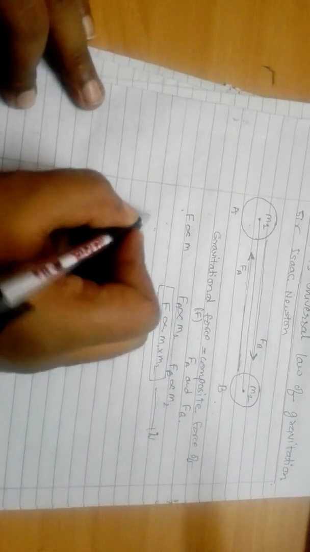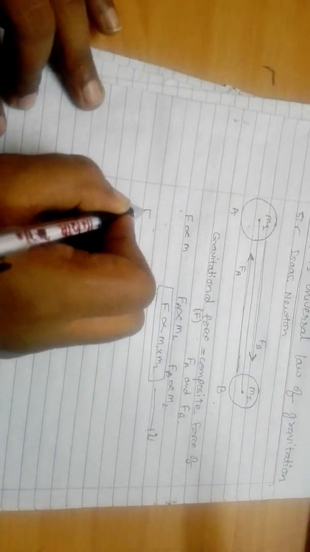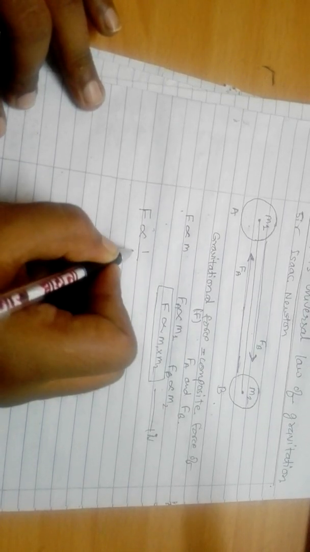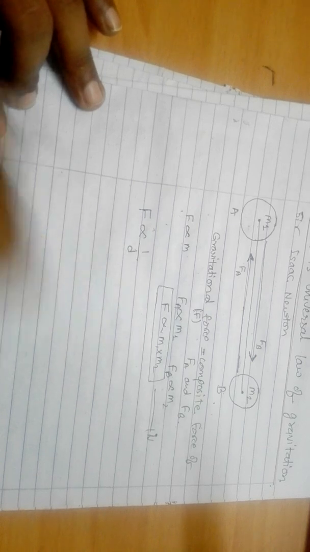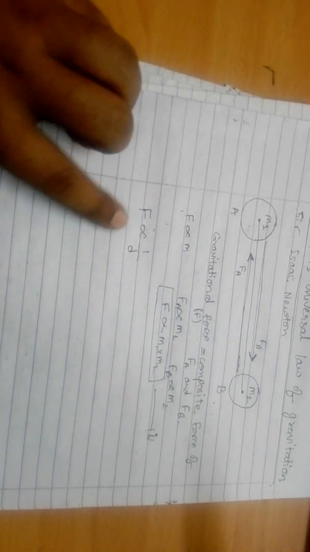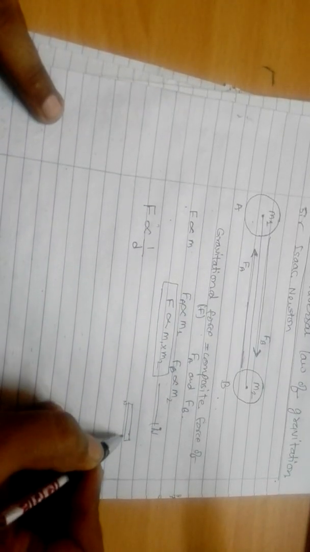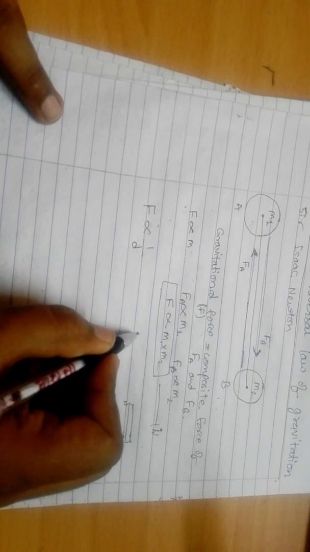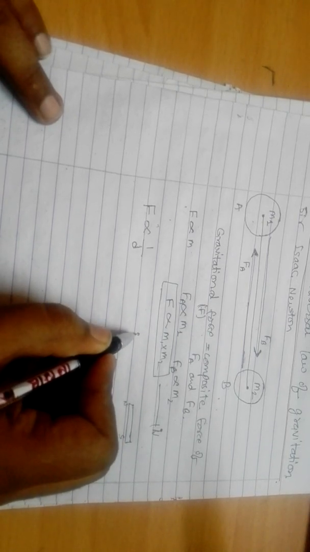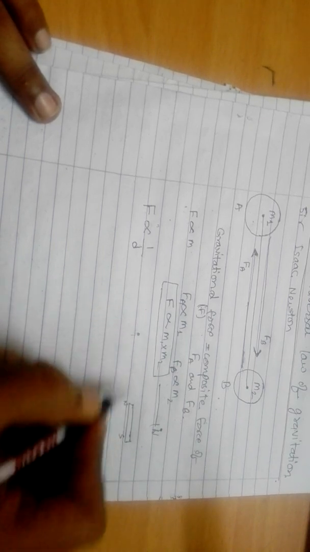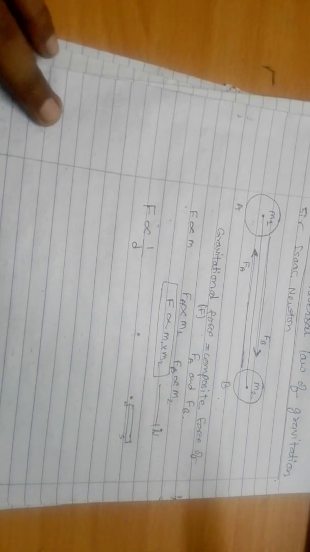Now let's go to another factor. Force of attraction is inversely proportional to the distance between them. Think about a magnet. If you keep a nail very far from it, would you feel much force, or will you feel more force when the nail is held near the magnet?